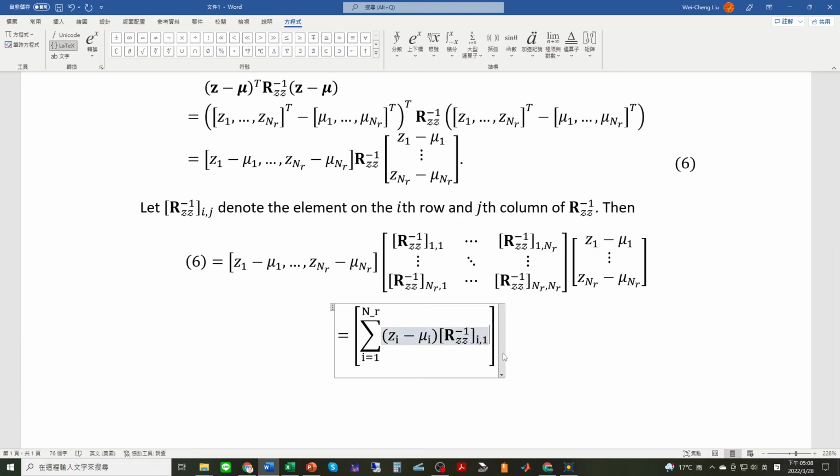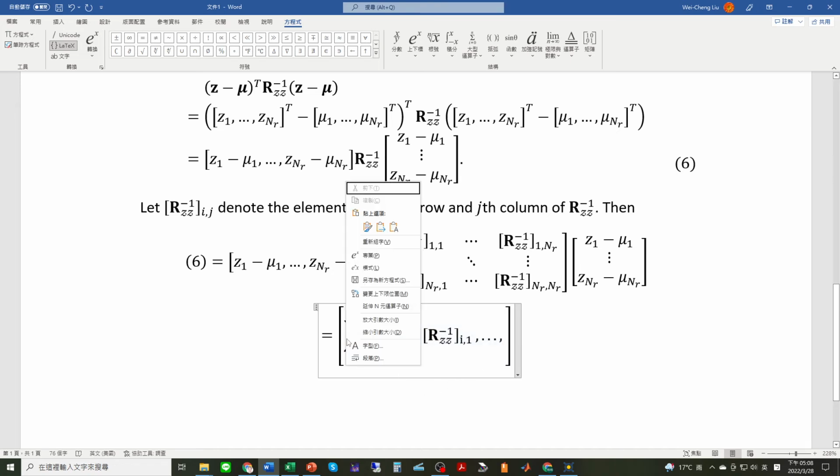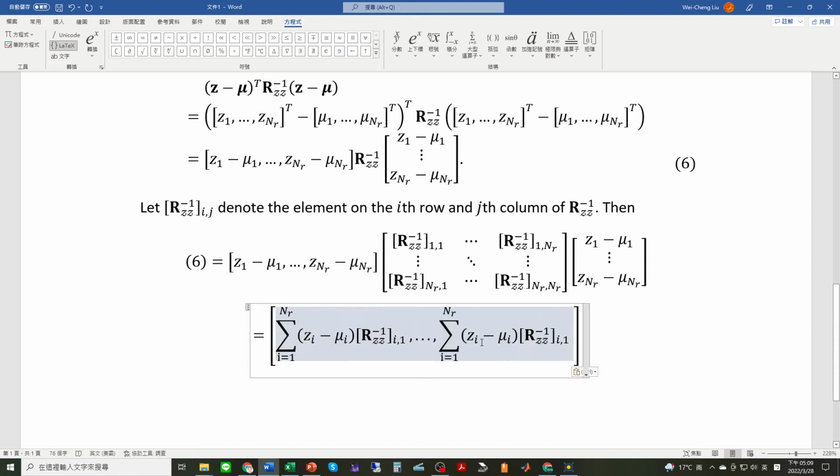Okay, and dots, and okay, let me copy this. Okay, it should be italic, and this should be italic again. Okay, so the last element should be I is equal to NR.